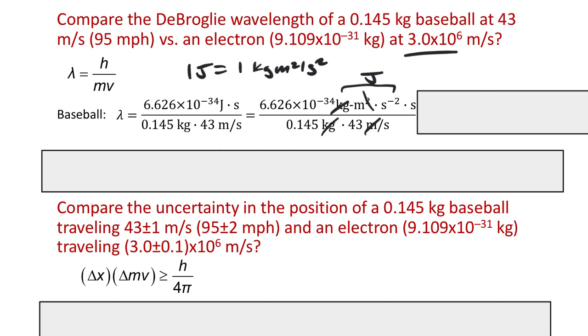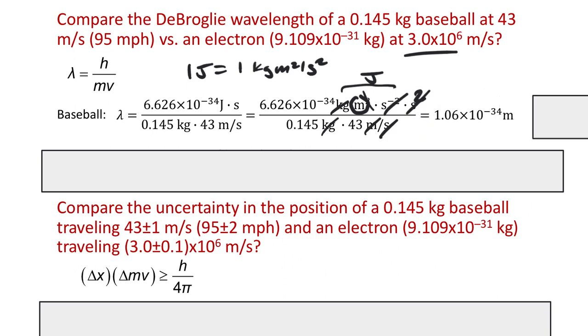Dividing by seconds, one second cancels, and the remaining per second flips up to the numerator as seconds, which cancels with the per second squared. That gives us a unit of just length. Only one of the meters canceled, since we had meters squared. So this leaves our value as 1.06 times 10 to the minus 34 meters.